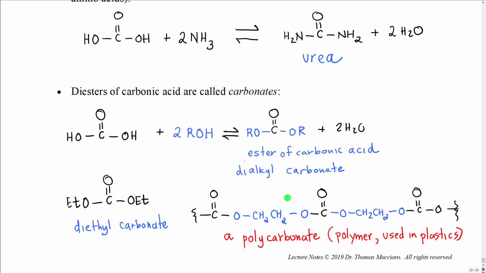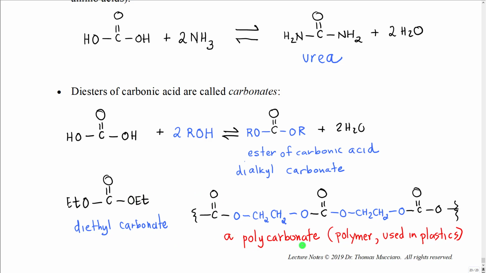And we can also make really interesting carbonate esters if we use diols and we attach one end of the diol to one carbonic acid, the other end of the diol to a different carbonic acid, then that leaves an OH which could attach to another diol and so forth, and we can make these long chains of carbonic acid carbonate esters.